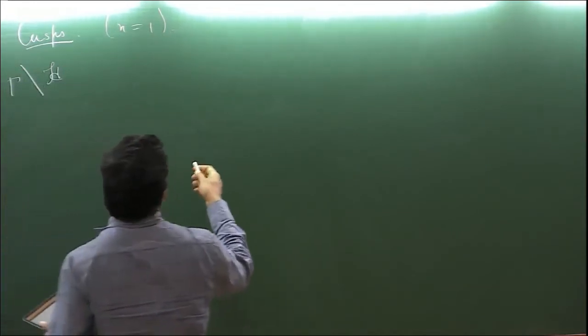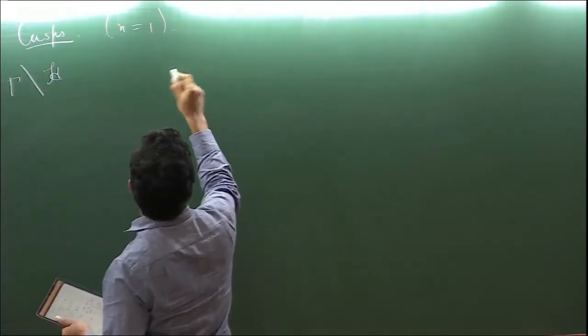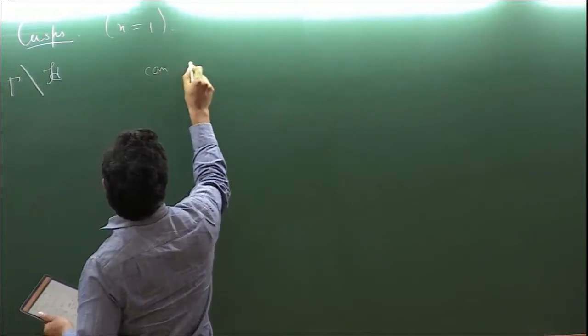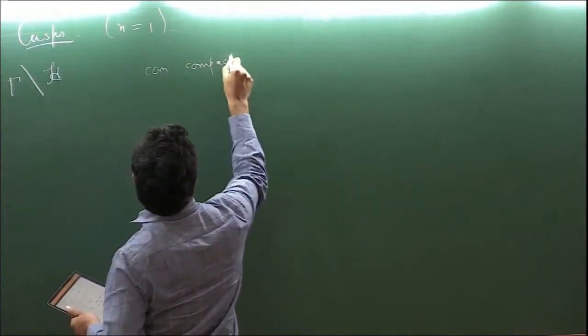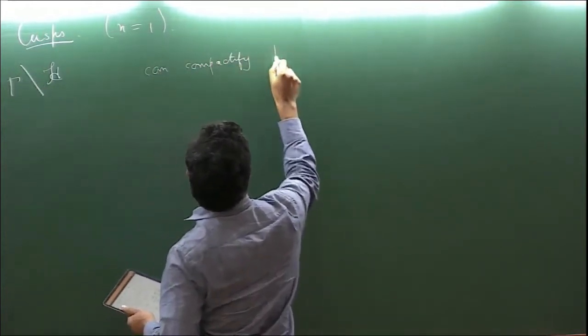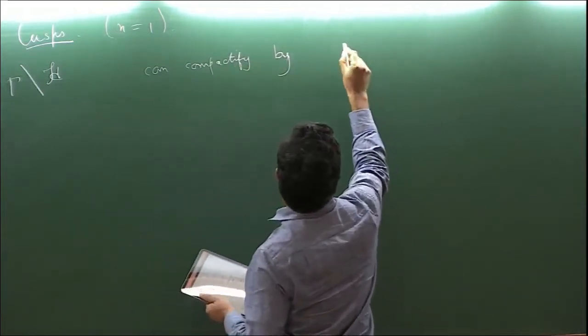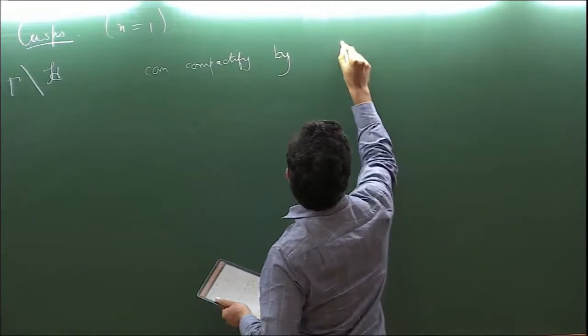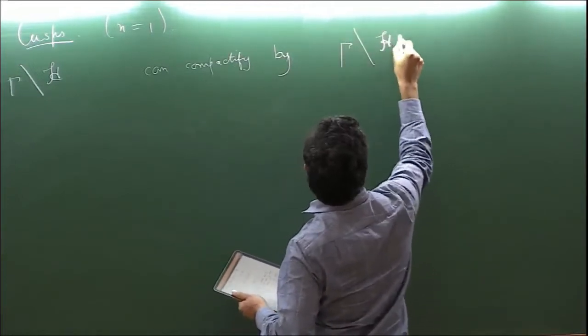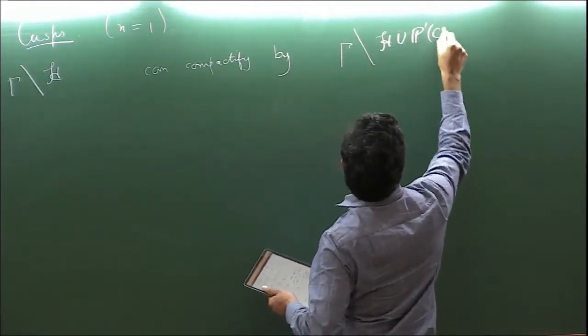You can compactify it by putting cusps, by taking gamma and then H union P1Q.